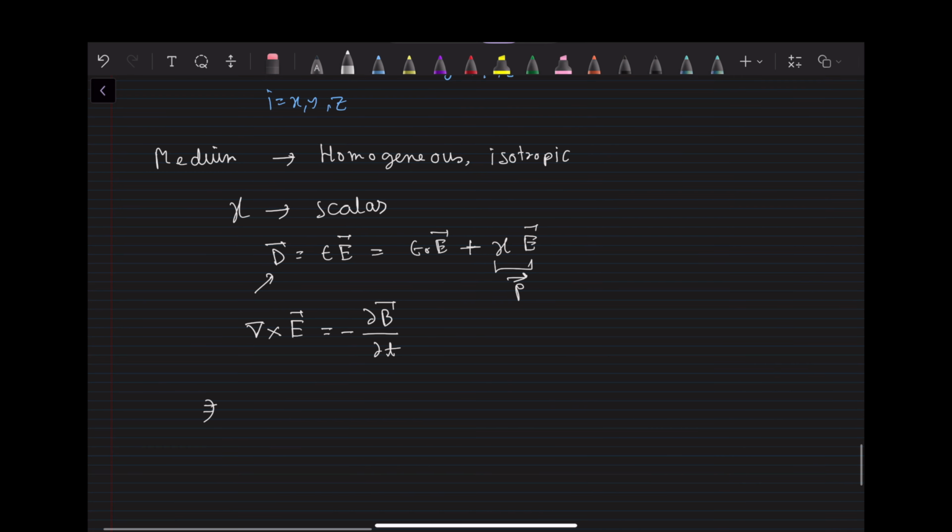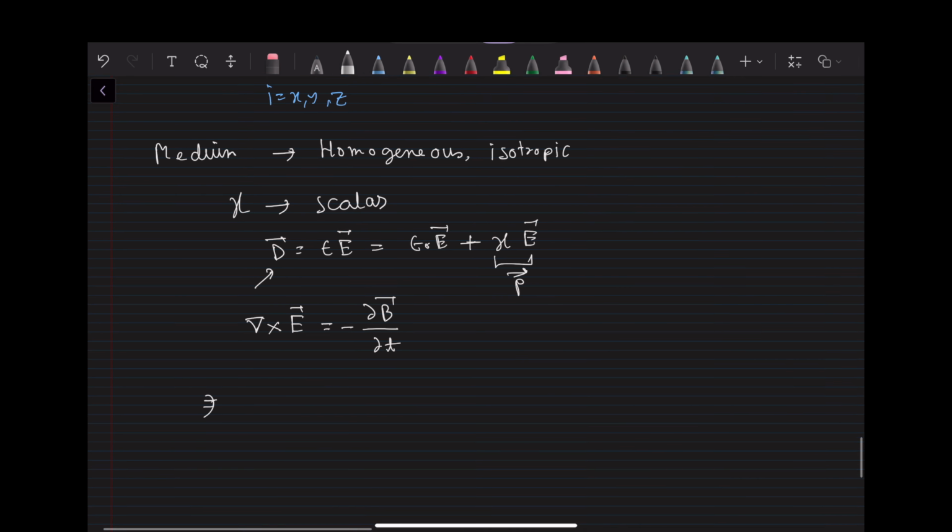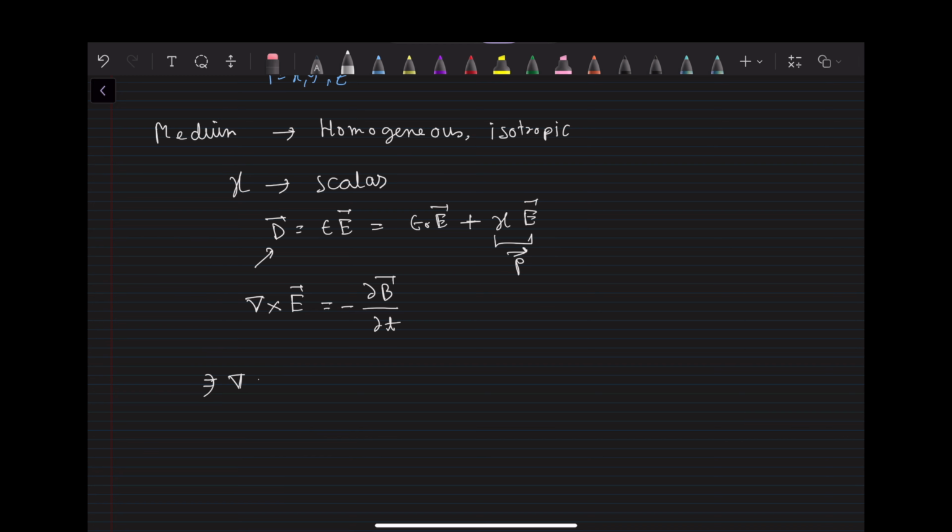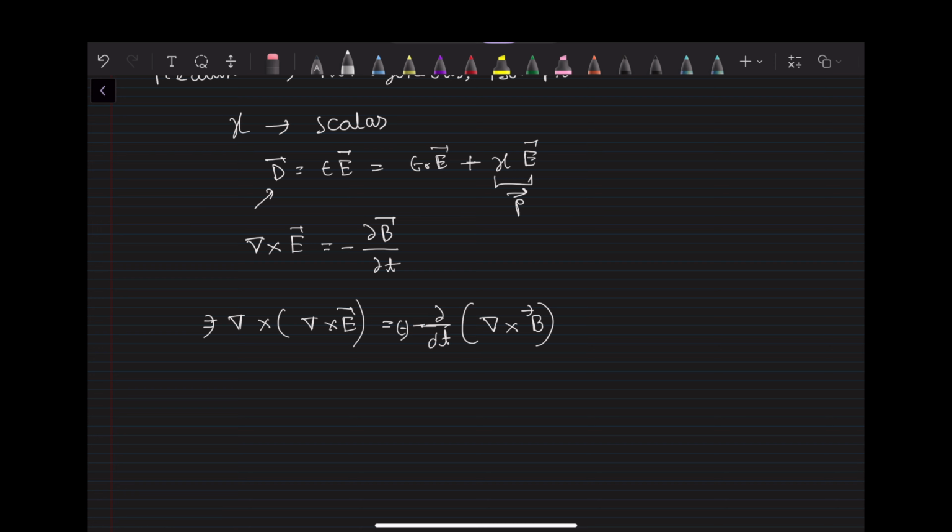So let's take this and the curl of it, okay. Then we have to use some identities, right? So how to find this? It's easy because we already have the identities.